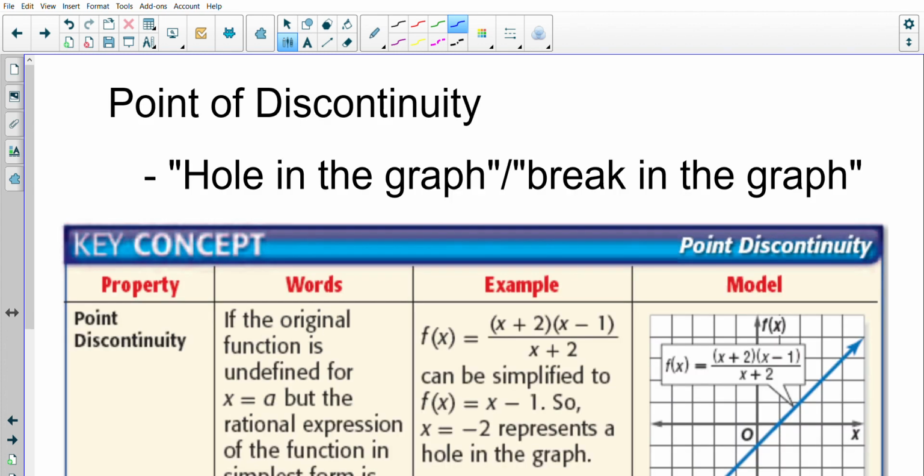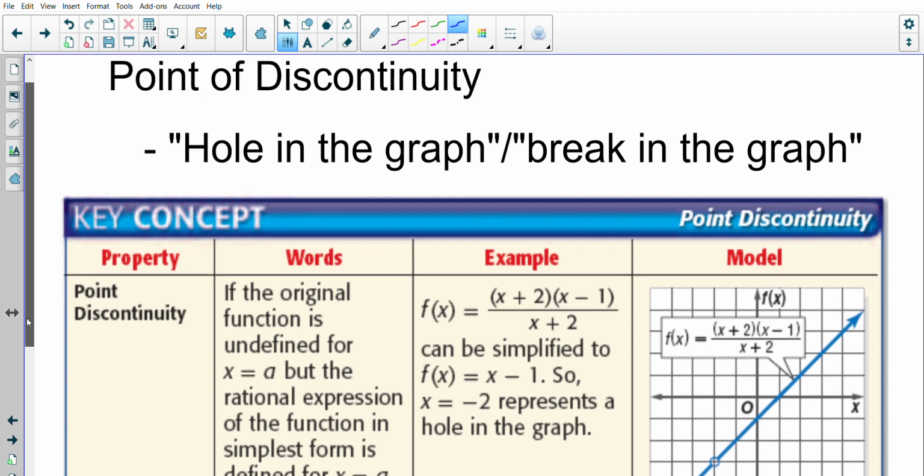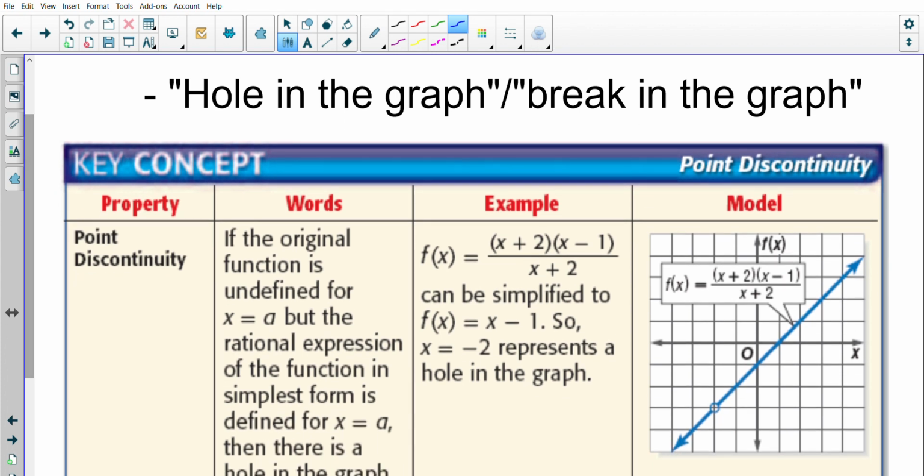A point of discontinuity is a hole in the graph or a break in the graph. This is when you have something that makes the bottom 0, but it gets canceled out. Notice in this we have an x plus 2 and an x plus 2. These would actually cancel each other out and leave us with x minus 1, which is just a line.